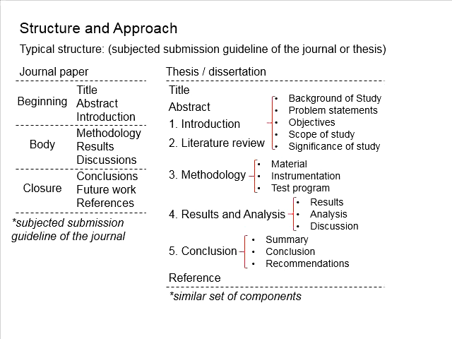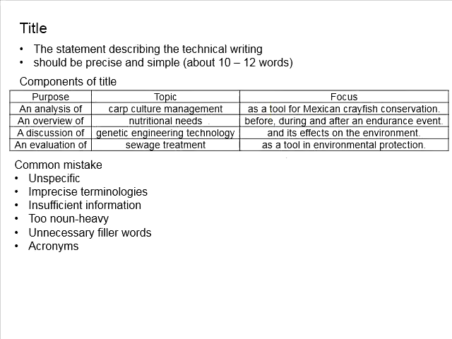The sequence of the structures is rather typical, which includes the title, abstract, introduction, literature review, methodology, results and analysis, as well as the conclusions and references. From here on, we're going to discuss in detail every single section of this structure. Let us start with the title.